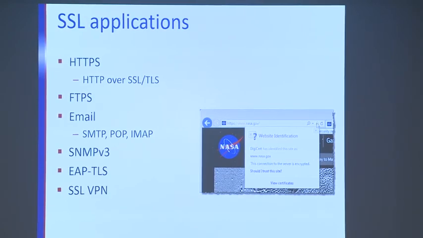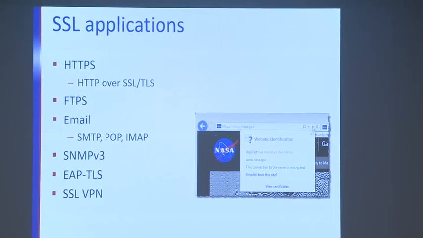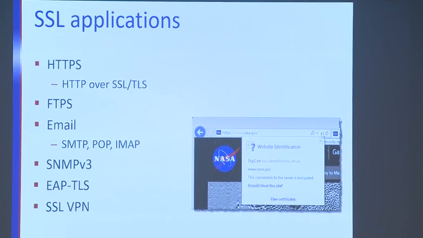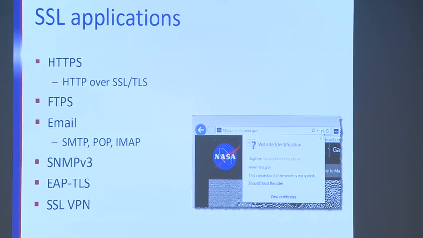Some of my SSL applications: we do HTTP over SSL, so it's HTTPS. We can add SSL to FTP with FTPS. We can add it into our emails. SNMP version 3 is also running SSL. With EAP, the Extensible Authentication Protocol, I'm going out to a third-party box for authentication, and that's going to use Transport Layer Security.